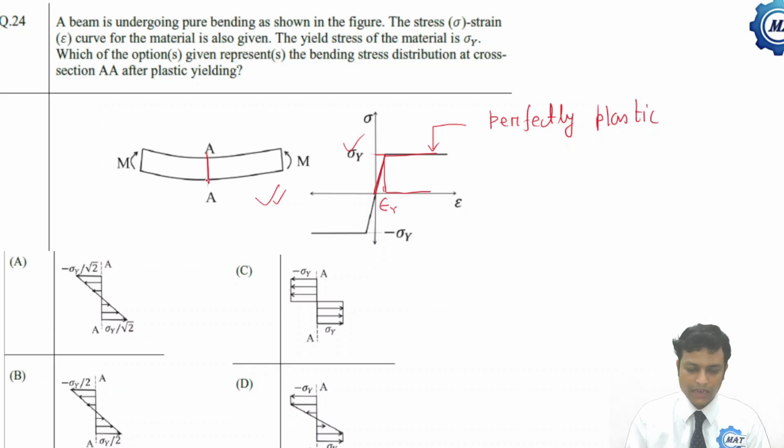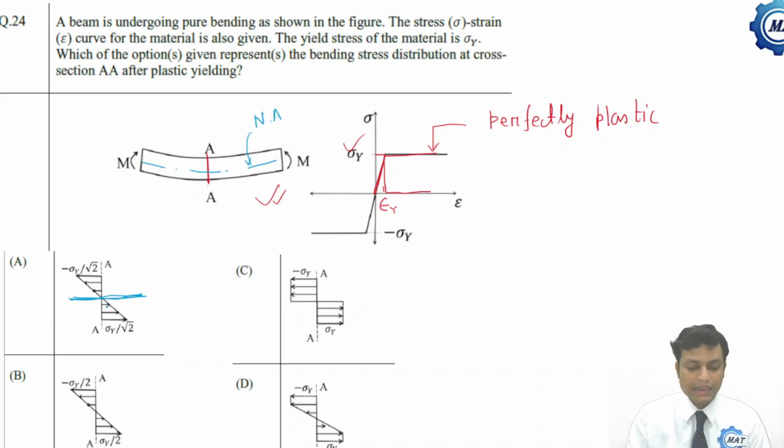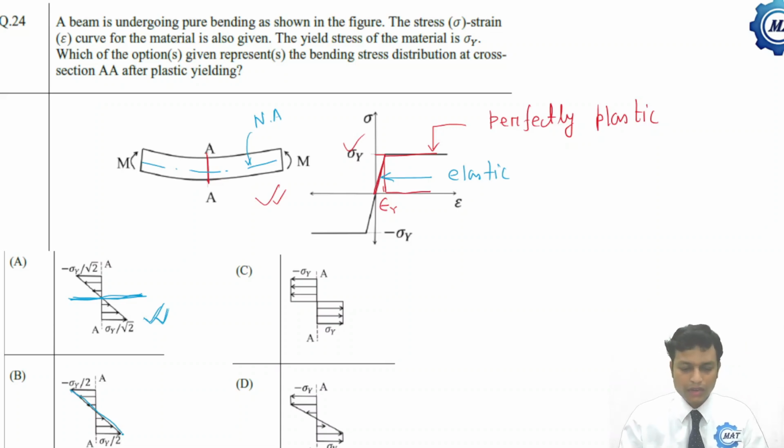Which of the options given represents bending stress distribution at cross section AA after plastic yielding? Now this is the neutral axis of the beam, and this is the neutral axis of the cross section. About this, the stress varies linearly. This is the elastic region, so this is the elastic part of stress distribution. B is also under elastic region because it varies linearly.